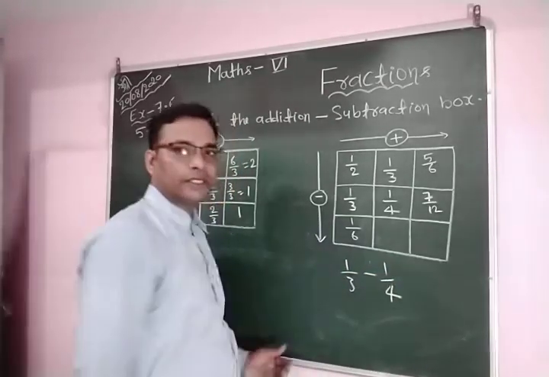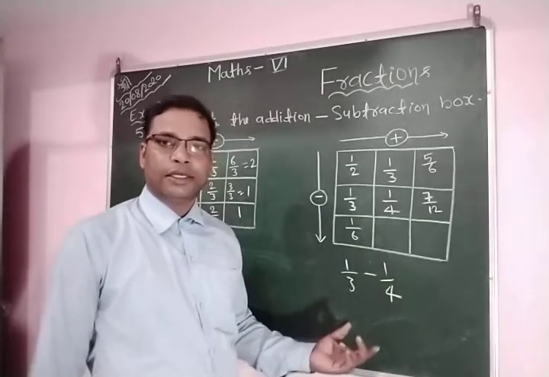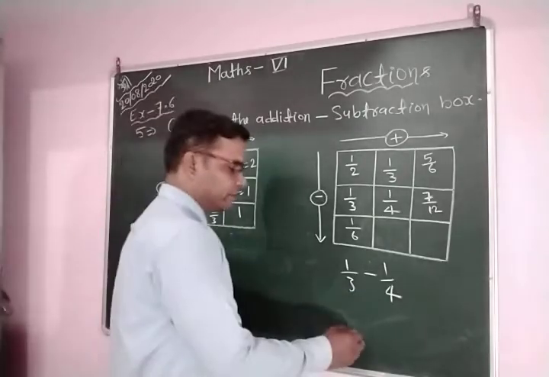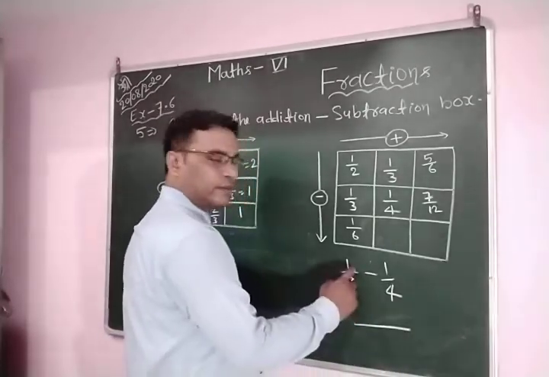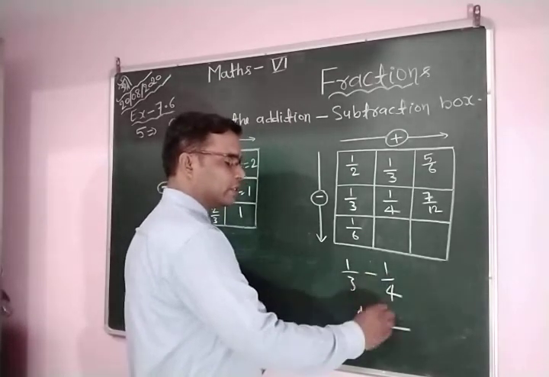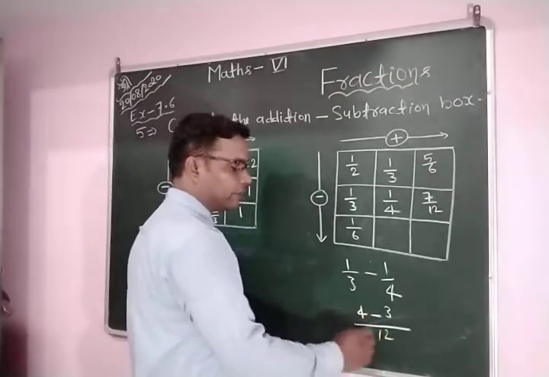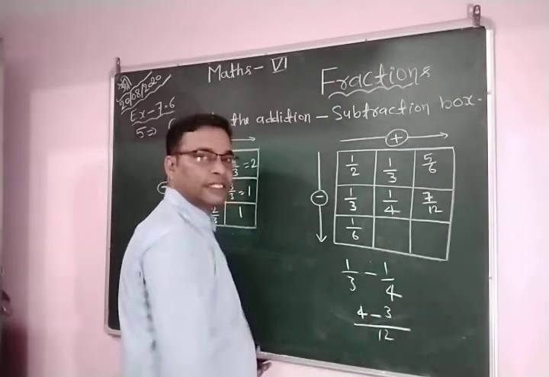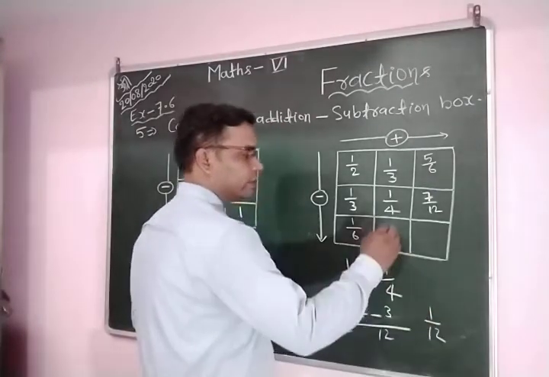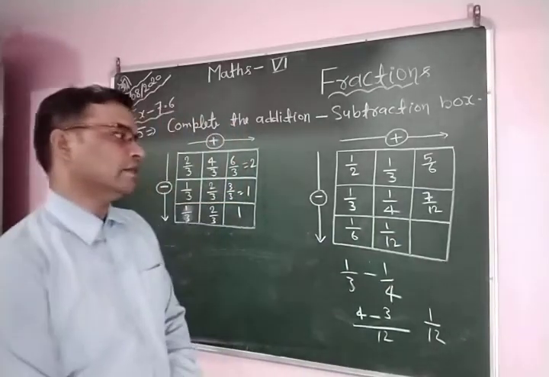You can see again these are unlike fractions, and the denominators of both fractions are different. So we write 4 into 1, this is 4, minus 3 into 1, this is 3, and 3 into 4 is 12. So you obtain 4 minus 3 is 1, and you write here 12. So we can write here 1 by 12.